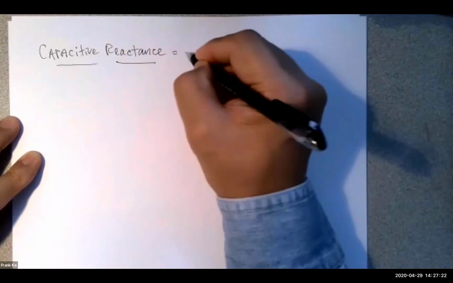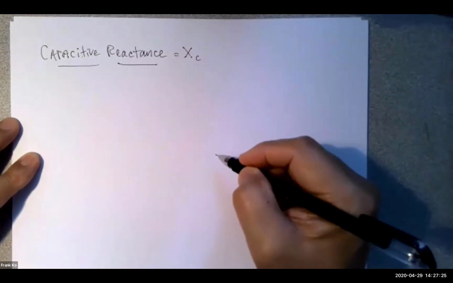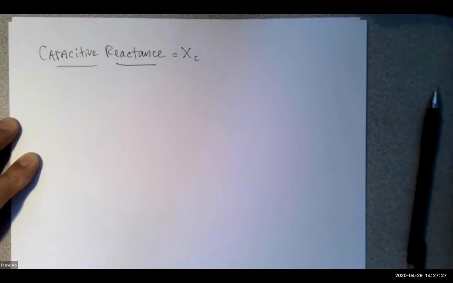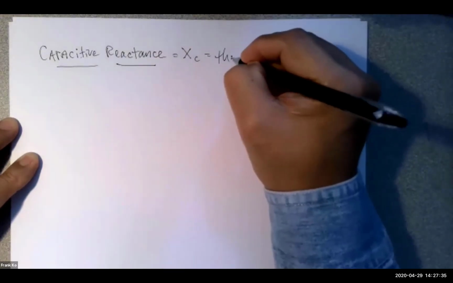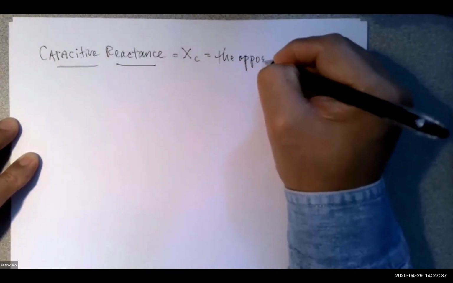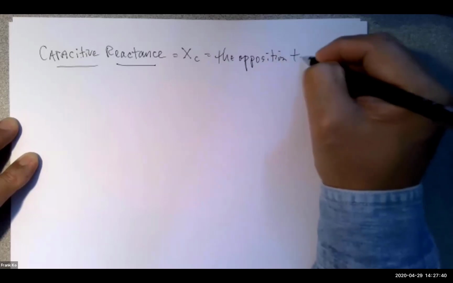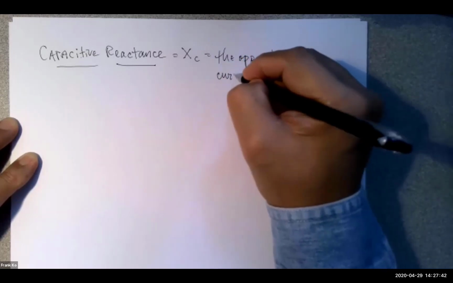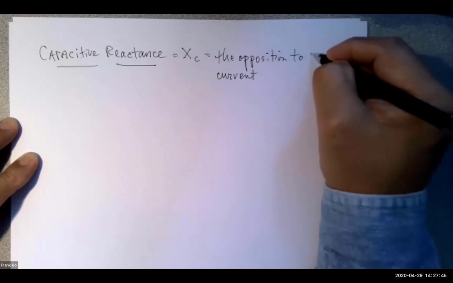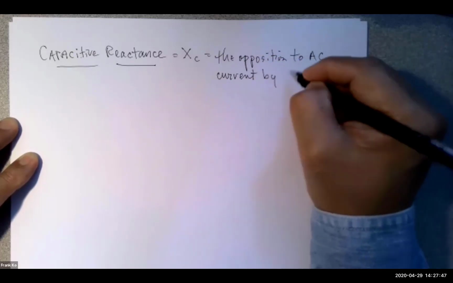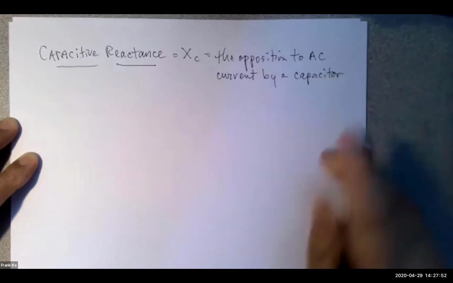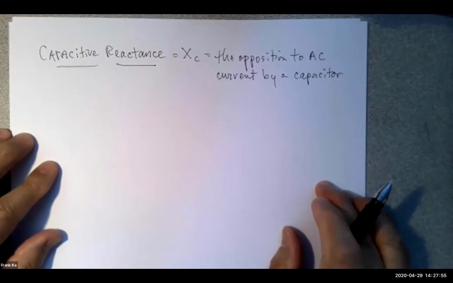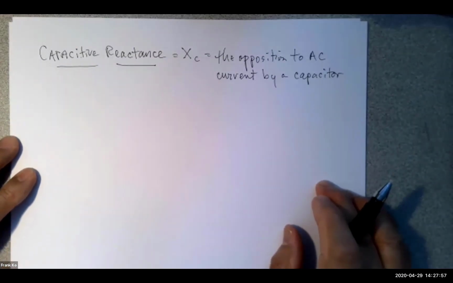This is X sub C, and this is defined specifically as the opposition to AC current by a capacitor. There will be no X sub C in DC circuits. This X sub C only exists for AC circuits.